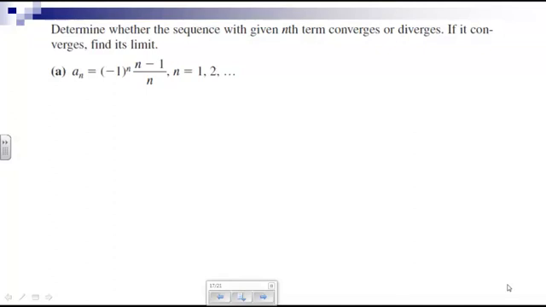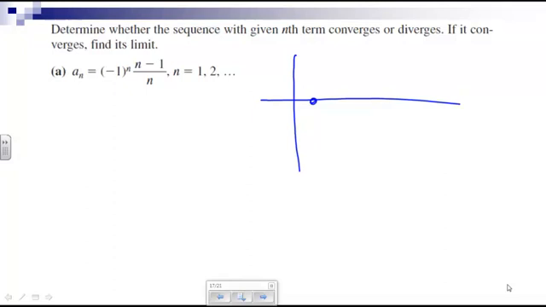One way we might get insight about whether this converges is to look at some values. When n is 1, it looks like it's 0. Is that right? When n is 1, I've got n minus 1 on top. 1 minus 1 is 0.